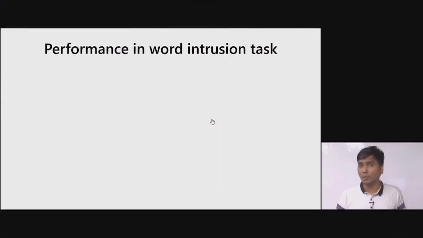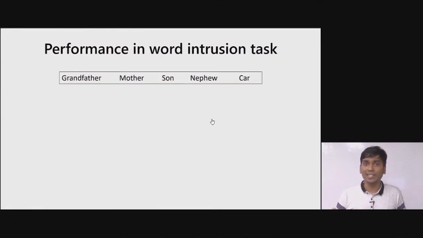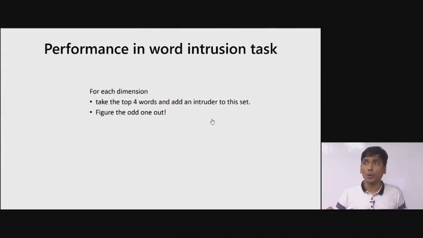The next task is the interpretability task, where we are given a set of 5 words and we have to pick the odd one out. So for each dimension we take the top 4 words depending on how much weight they have in the dimension and add an intruder word to it, and we ask the judges to say which one is the odd one out.